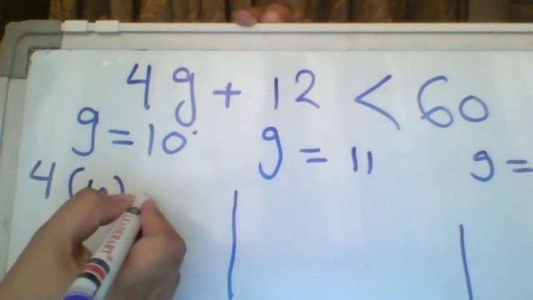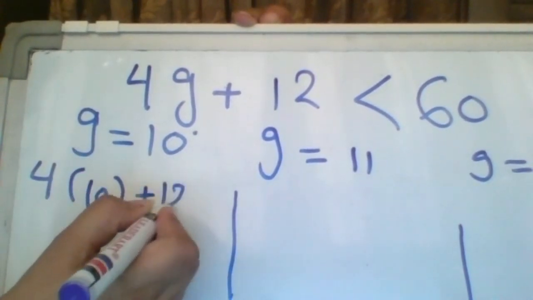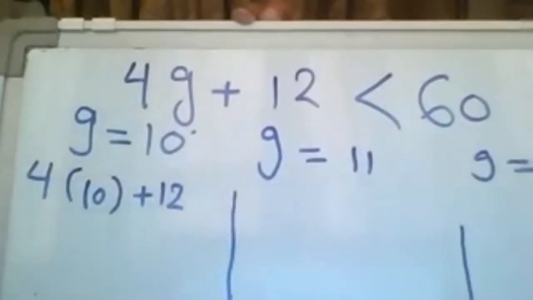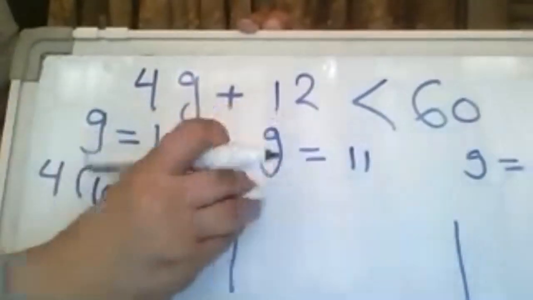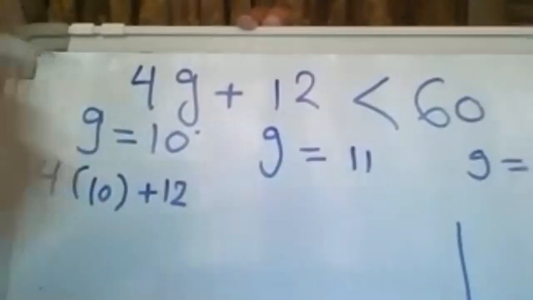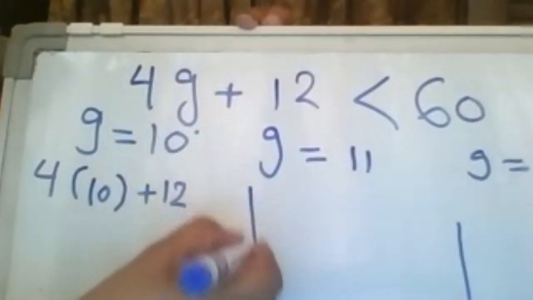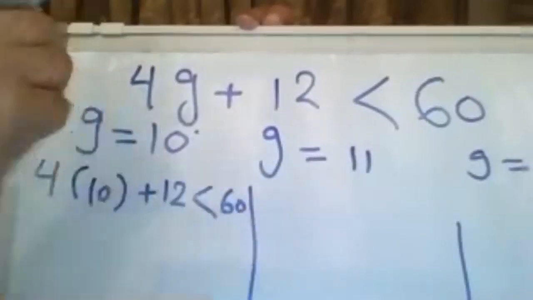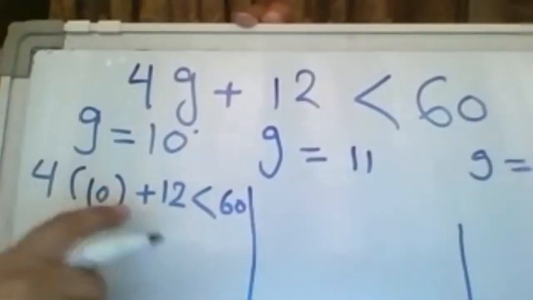And after that, plus 12, right? Could you please calculate it and tell me the answer? 4 times 10 will be how many? 40. 40 plus 12 will be 52.